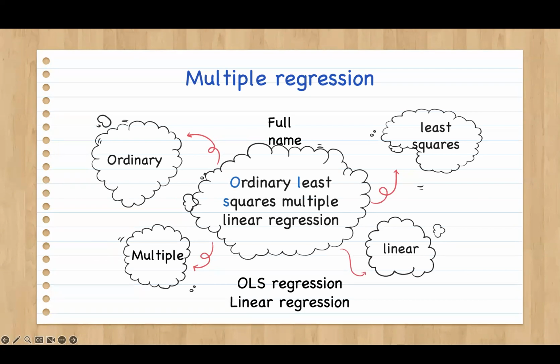Multiple means there are two or more independent variables. Linear describes the kind of equation that is estimated by the multiple regression method. So you often see various combinations of these terms, such as linear regression, least square regression, or OLS regression.